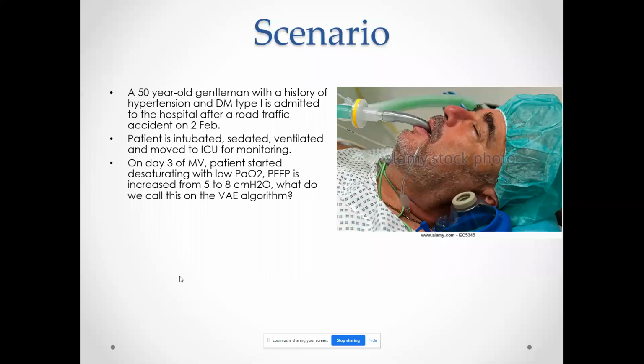For this reason حبيت بلش بهيدي السيشن just to give you the full picture about the ventilator.